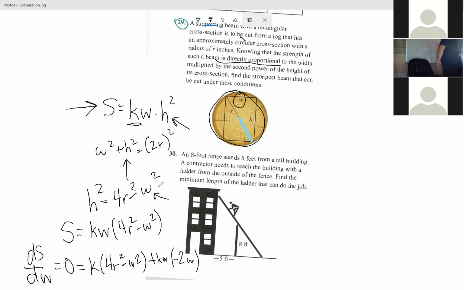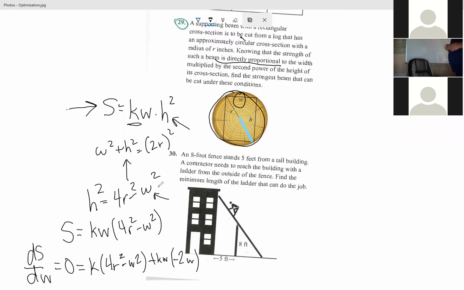I don't know if I'm right, but I got 4KR squared plus KW. Can you say that again? I got 4KR squared plus KW. I think there's a minus sign that you're missing. Oh yeah, I wrote it as a plus. So it's 4KR squared minus 3KW.